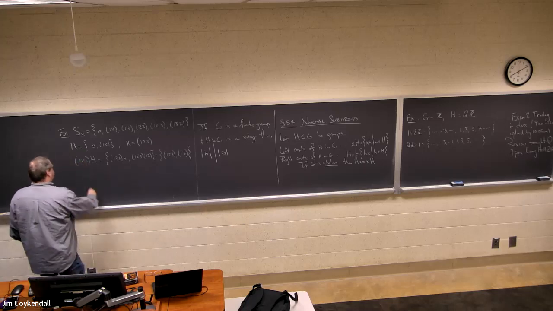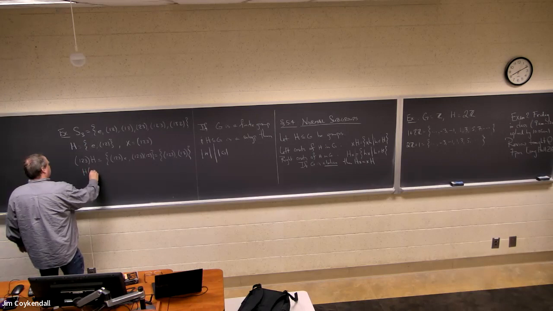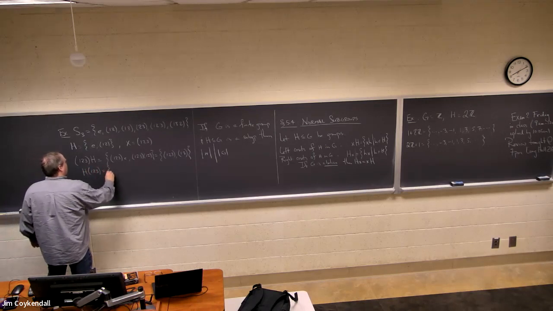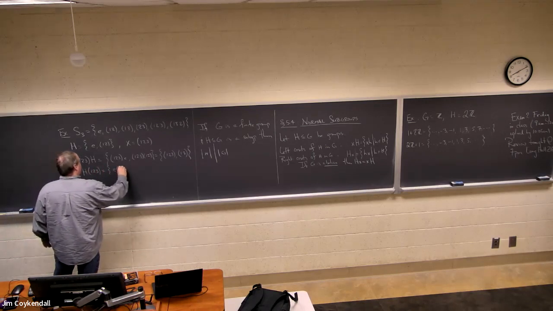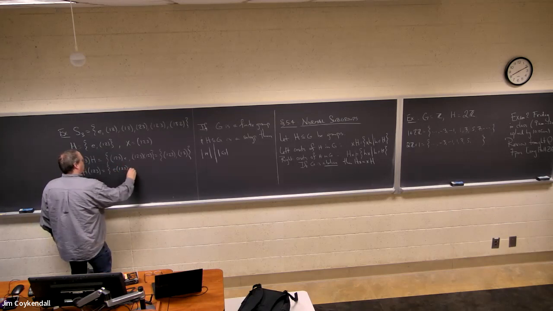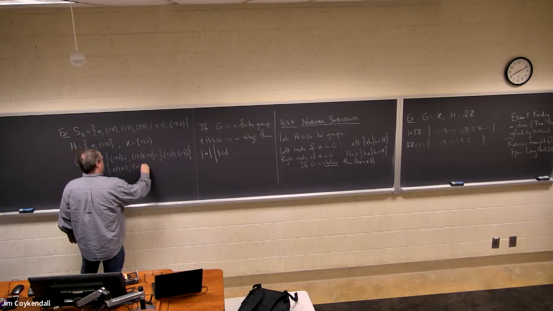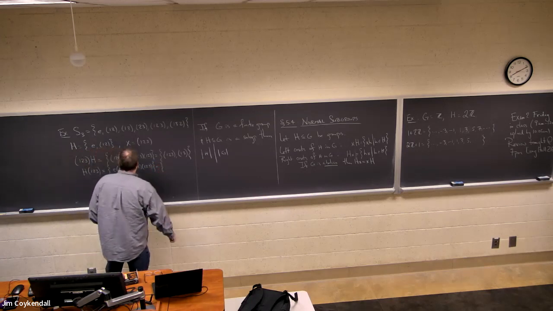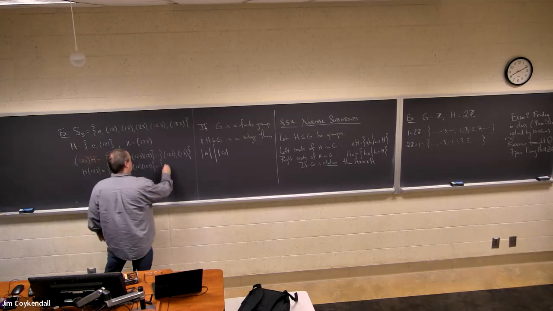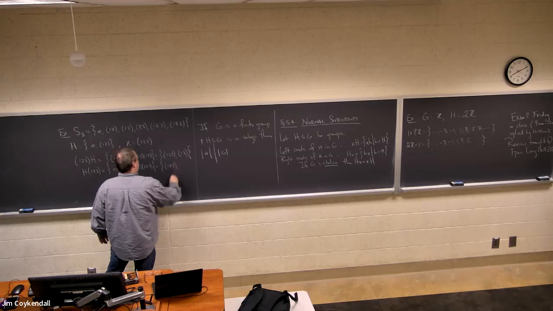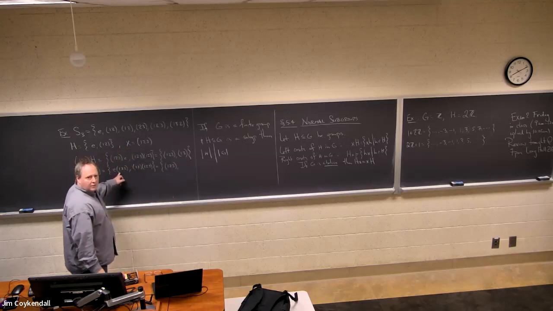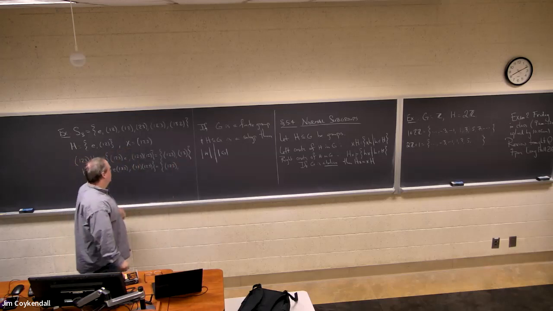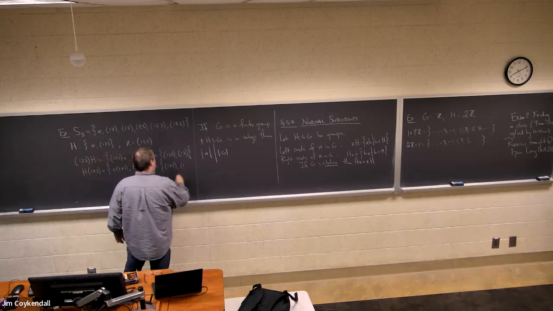How about the other way? Let's multiply this on the right. Huh. (1 2 3) again, no problem. What about the other one? Let's see, where does 1 go?